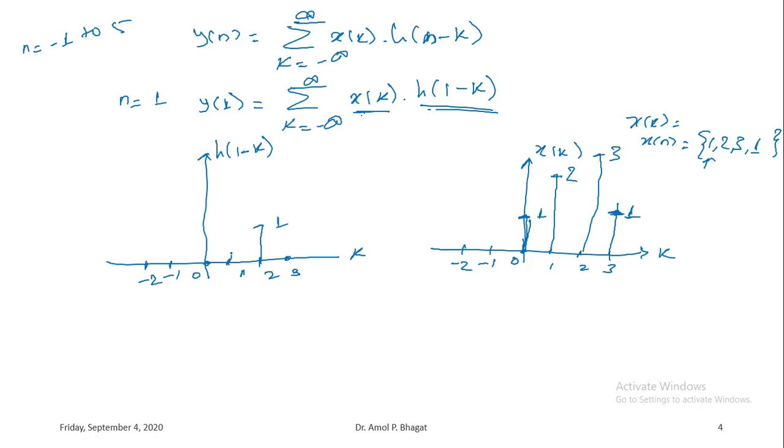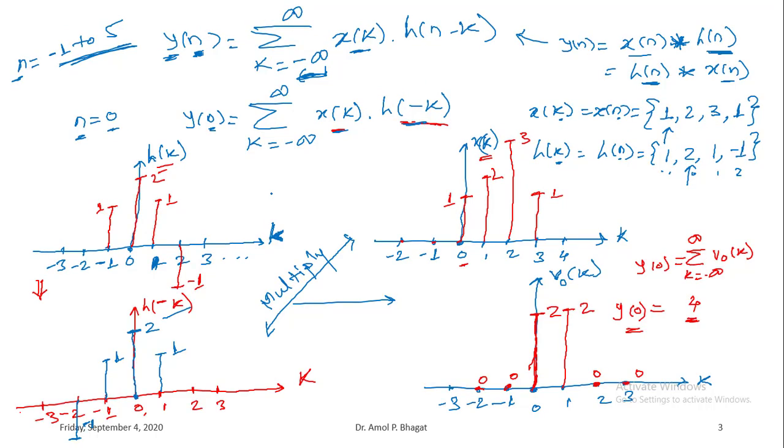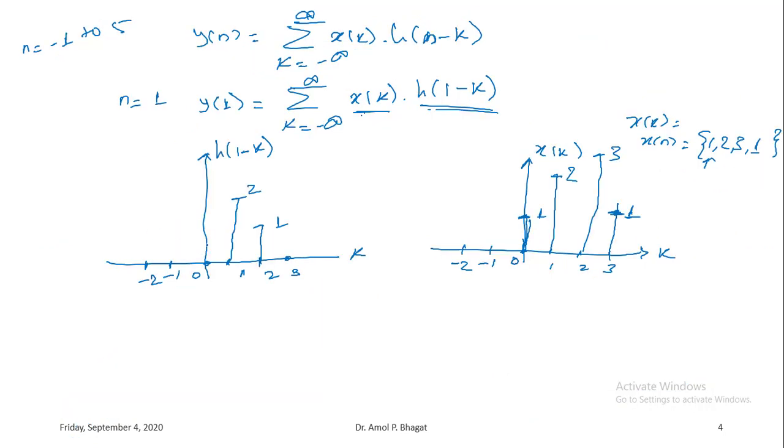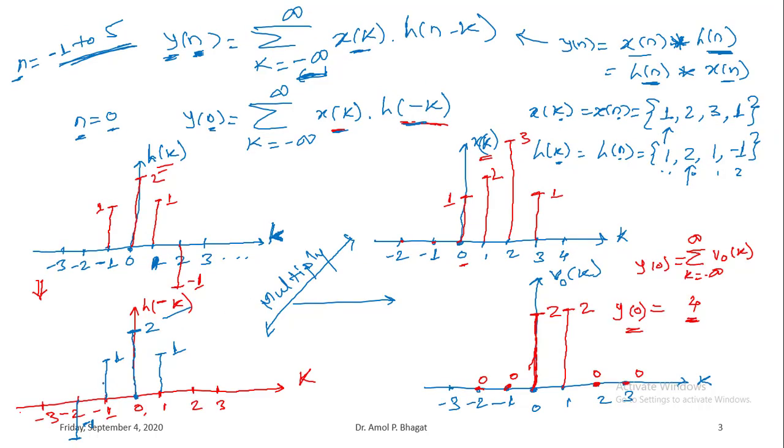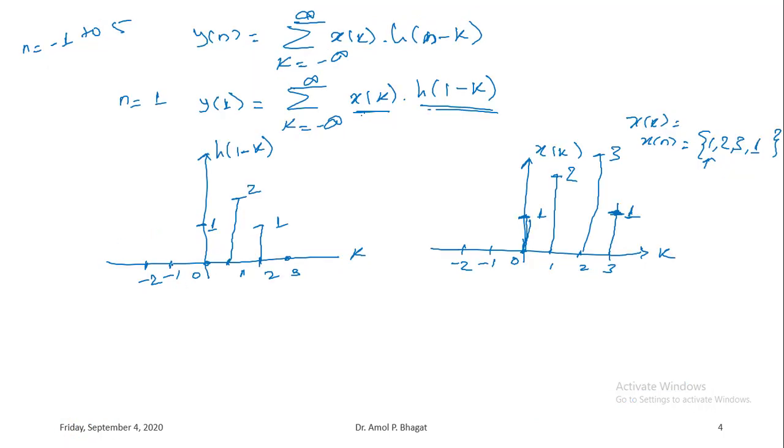Similarly, the value at minus 1 is 1, so it will be at 0 now, so at 0 it will be 1. Then at minus 2 it is minus 1, so it will be at minus 1, so at minus 1 it will be minus 1. Okay, so this is h of 1 minus k.